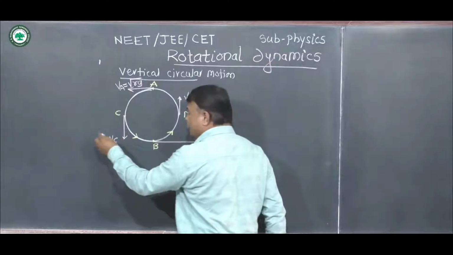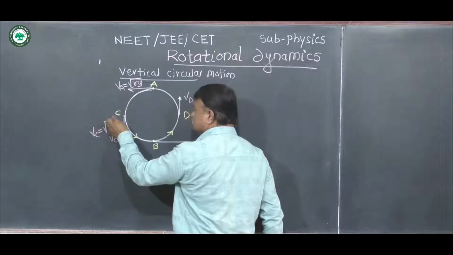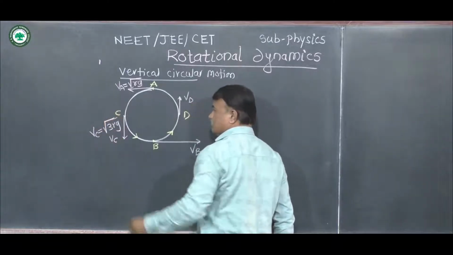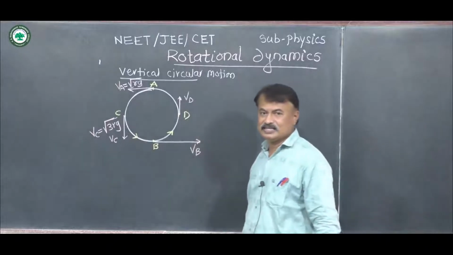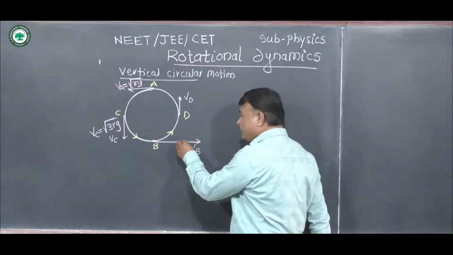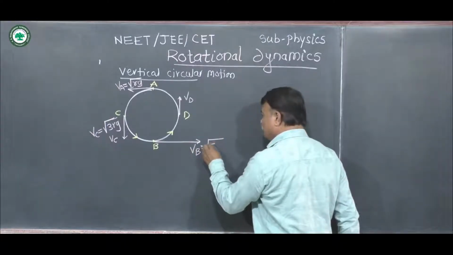Now velocity at point C is given by under root 3 RG, where R is again radius and G is acceleration due to gravity. And velocity at point B, it is a maximum, that is equal to under root 5 RG.